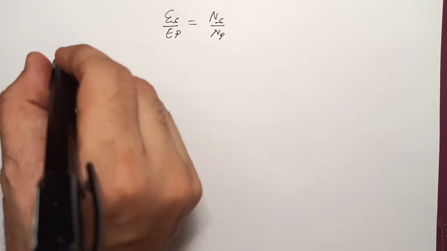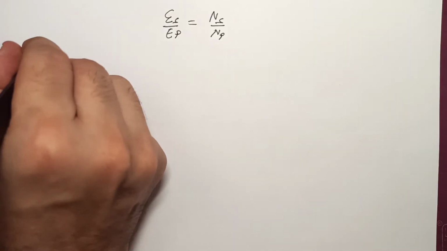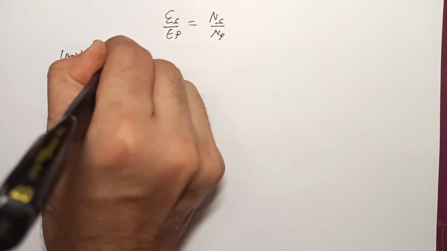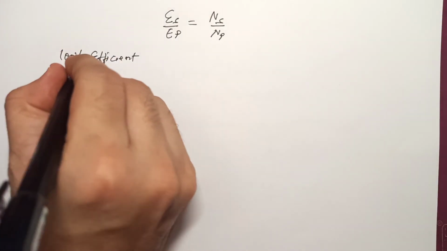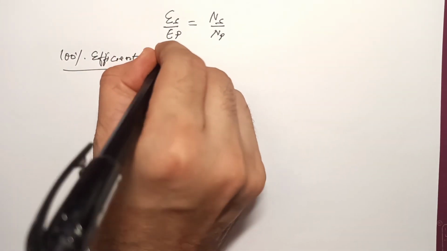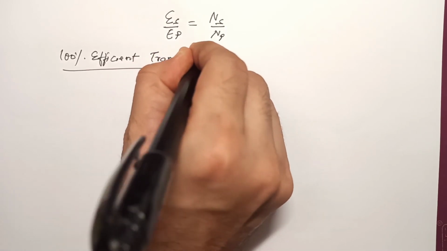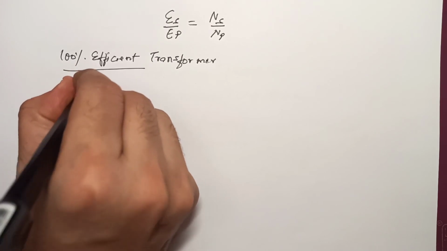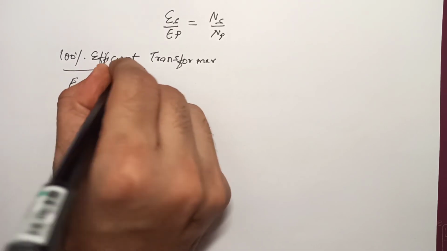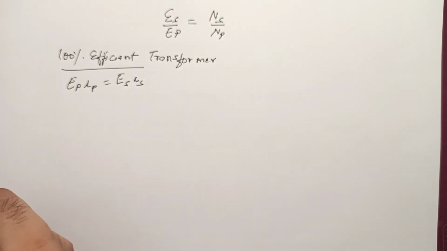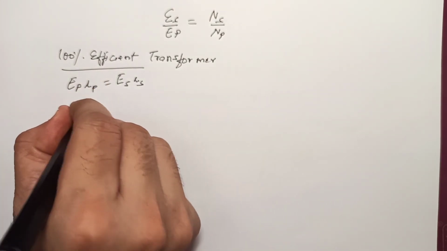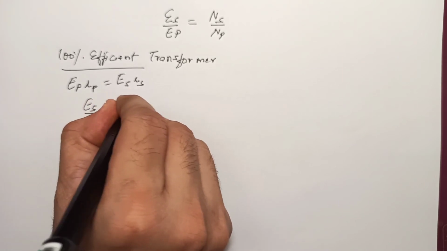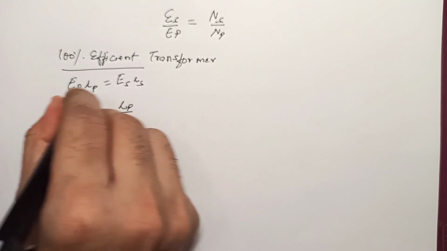Now remember, for a 100% efficient transformer, EP by IP is equal to ES by IS, or I can say ES by EP is equal to IP by IS.